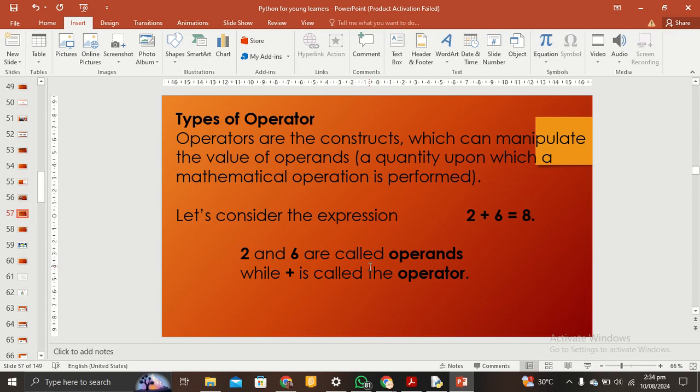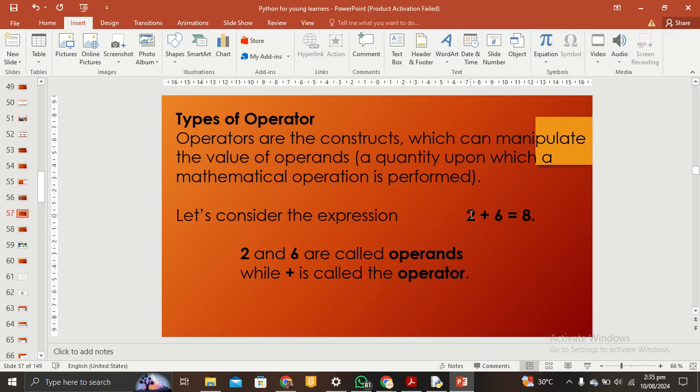So those are operators. They are the constructs you use when you want to manipulate or carry out a mathematical operation, when you want to do something with two values. Now, I want us to know the difference between operators and operands.